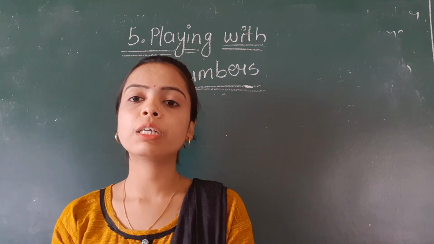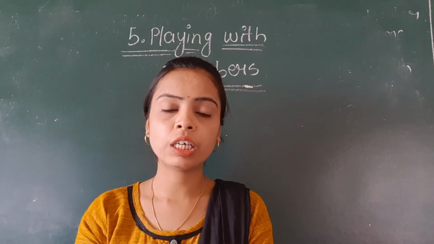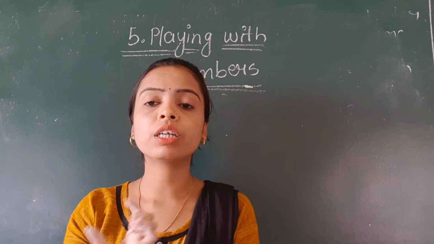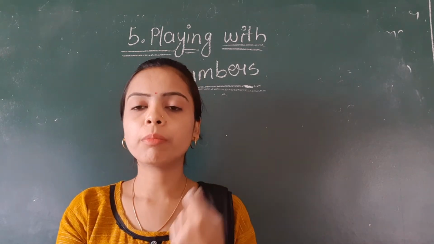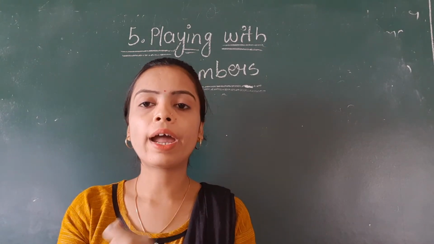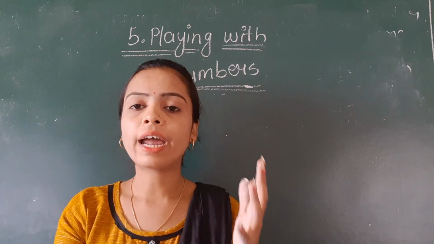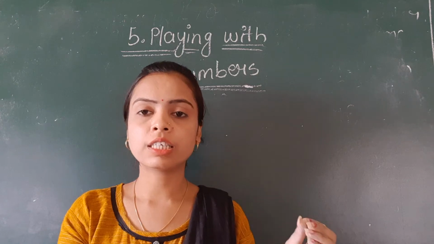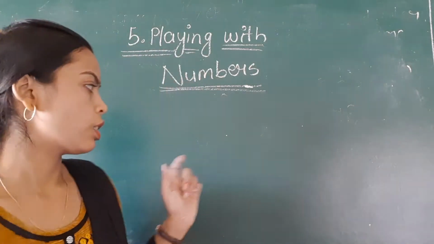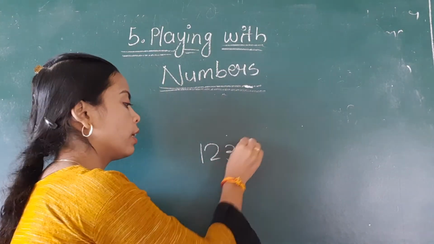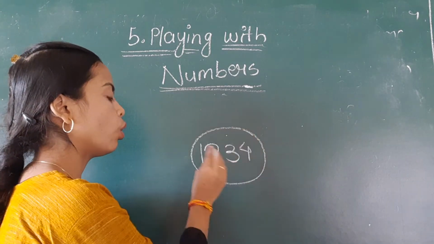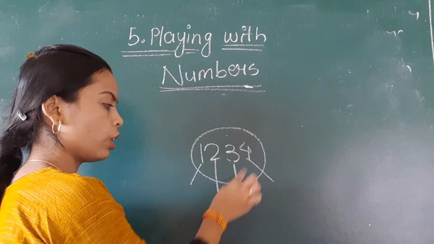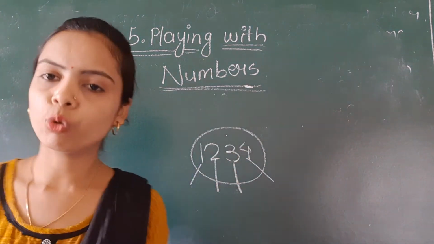So, what is the divisibility by 3? The divisibility by 3 is when the digits of the given number get added. जब given number के सारे ही digits को add किया जाता है and your addition is a multiple of 3. ठीक है, suppose ये आपका number है, और नंबर में जो ये एक एक होते हैं, सारे 1, 2, 3, 4, इन्हें बोलते हैं डिजिट्स.